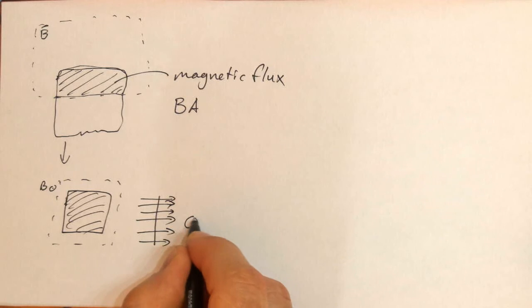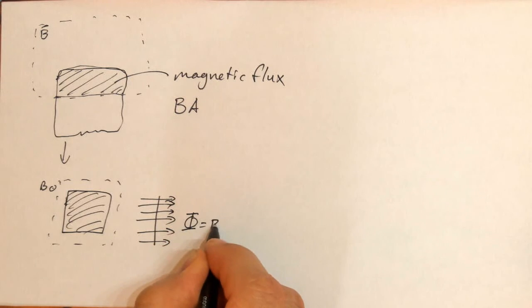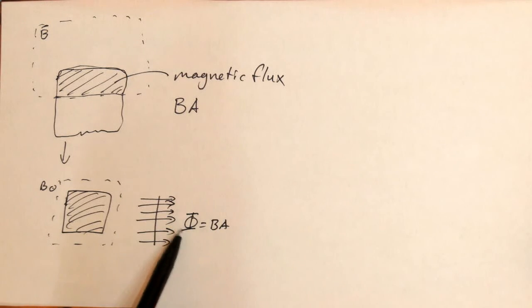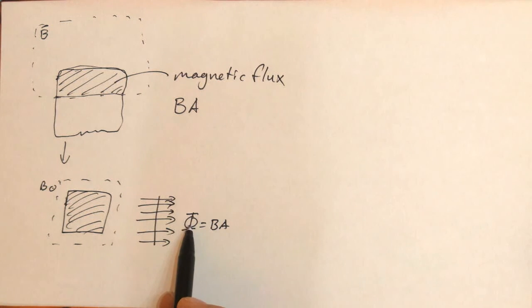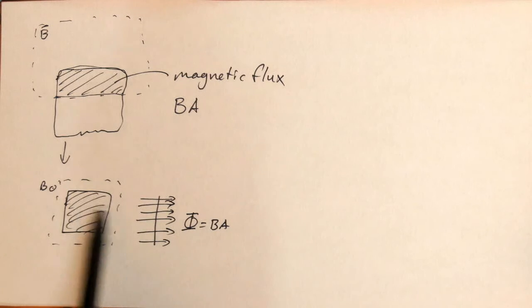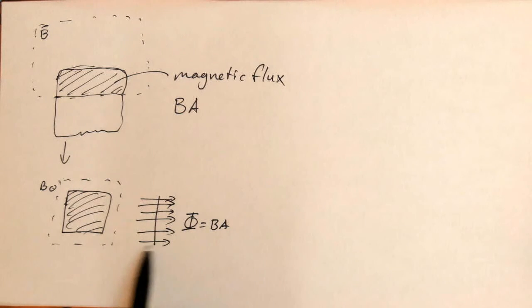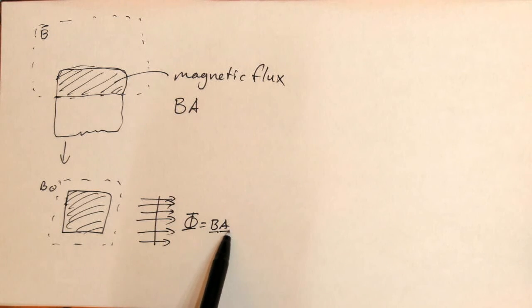Now we give that a symbol, an uppercase theta, and we use it for flux. In this case, the field was perfectly perpendicular to the loop, it filled the entire loop, and it was constant. So it's the size of the field times the total area of the loop.